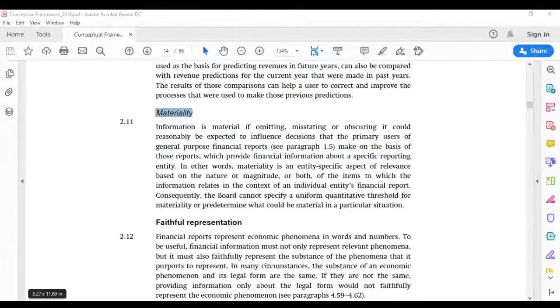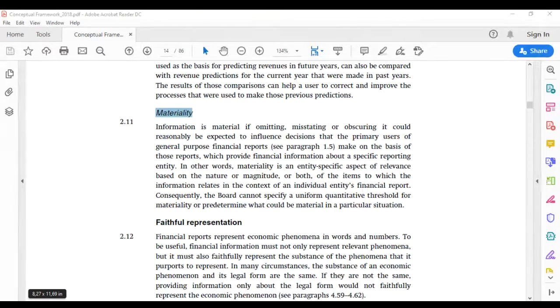So an item is material if its omission or misstatement will influence the economic decisions made by users based on the information provided.